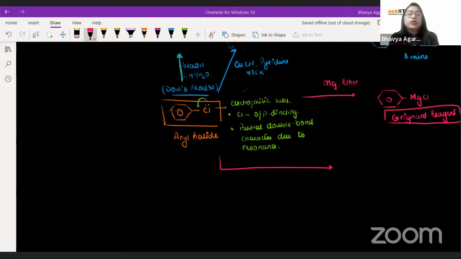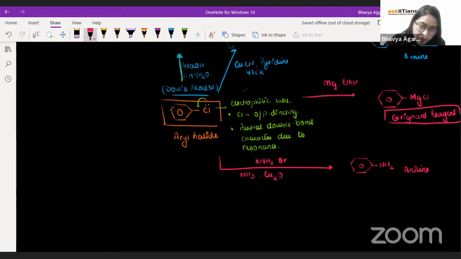Even I can prepare a direct amine or aniline from it by treating it with ammonia in the presence of copper oxide. Even with KNH2, yes, you can use KNH2. Again, this is the benzyne mechanism.